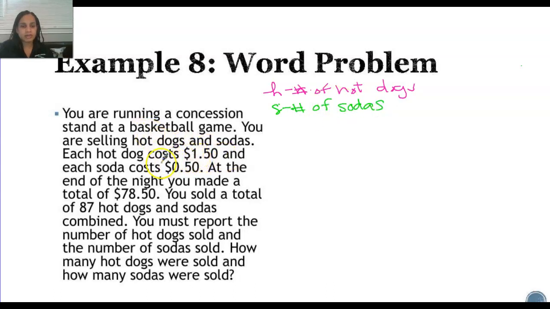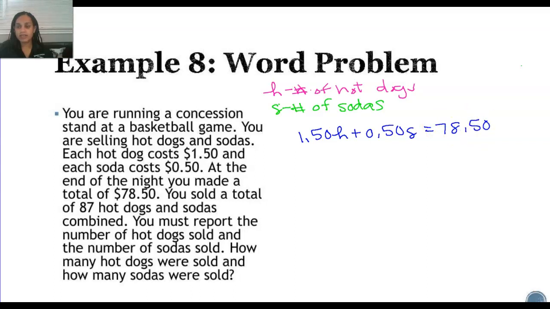So it says each hot dog costs $1.50, soda costs 50 cents. At the end of the night, you made a total of $78.50. So let's write our first equation. $1.50 for each hot dog, and then plus 50 cents for each soda, for a total of $78.50.